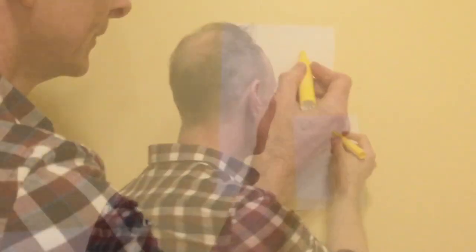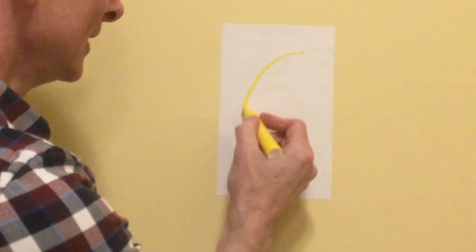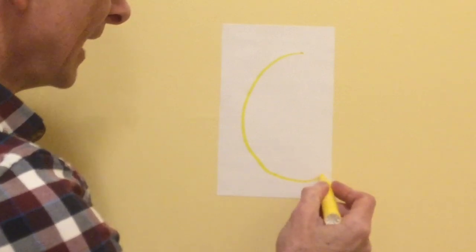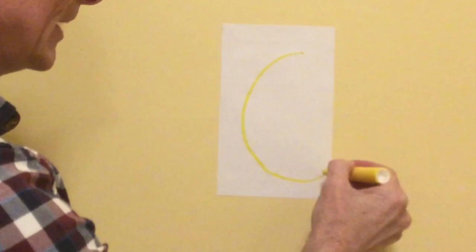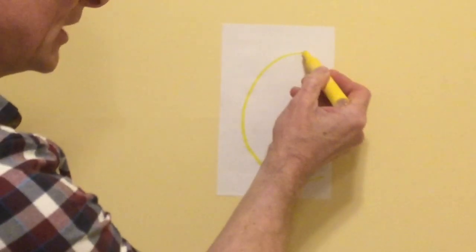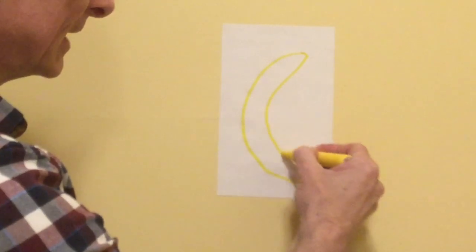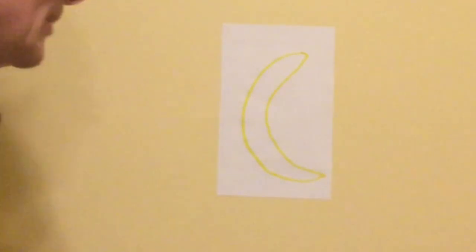Be brave. Here we go, brave writers. Let's make a banana. So let's start at the top for this banana, and we're going to go down, down, down, down. So that kind of curve it. You know what? That kind of looks like the letter C, doesn't it? I guess if we make a really big letter C, and then we could make another letter C kind of inside, and that kind of looks kind of like a banana.